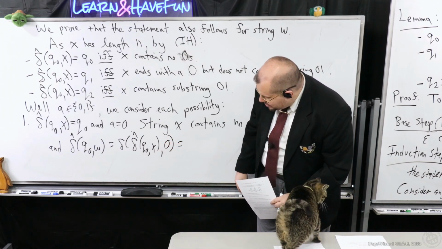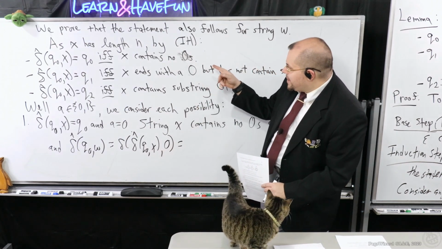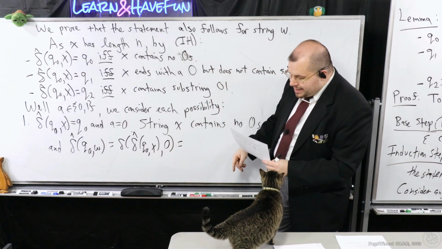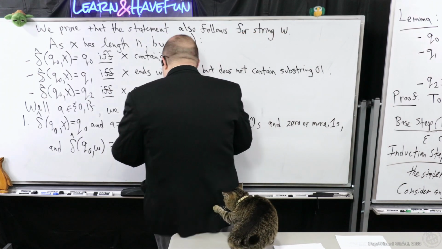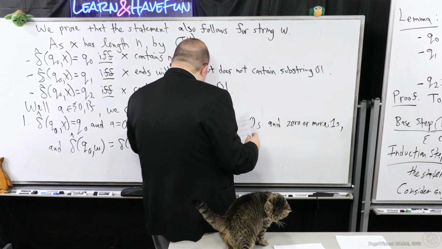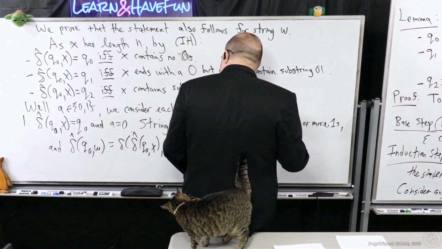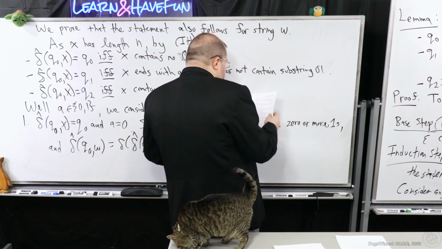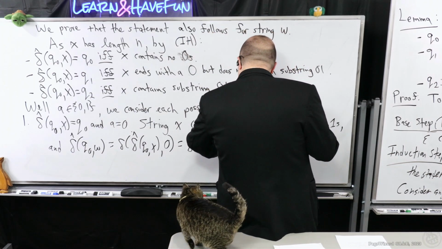Which state is going to be in upon reading x? Well, what does it say up there? It's going to be in Q0, right? And upon reading a 0, where is it going to go? It goes to Q1.